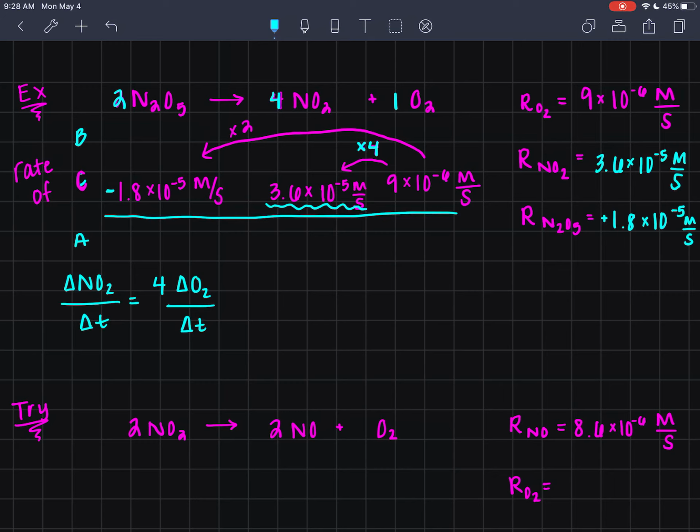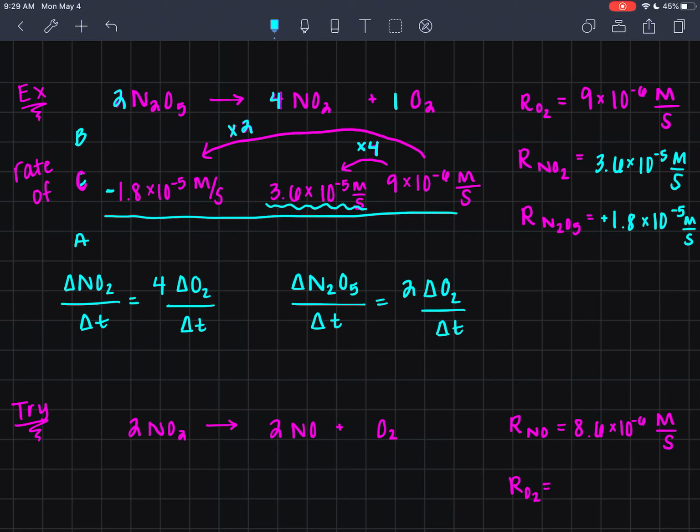I multiplied by 4. I also did the same thing for my change in dinitrogen pentoxide. I looked at my coefficients and I said, this change in dinitrogen pentoxide is going to be double my change in oxygen per unit time because I had to multiply by 2.